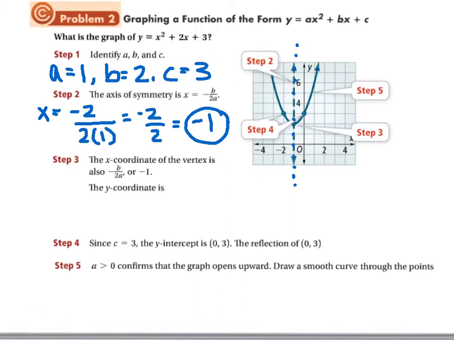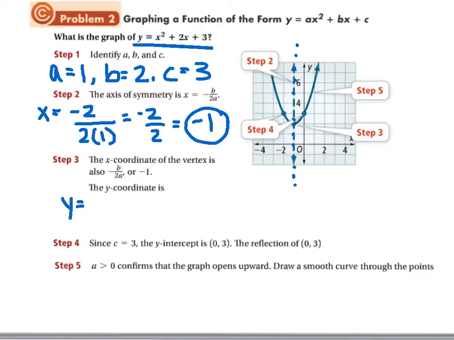Now we already discussed that our axis of symmetry is also the x value in the vertex. So step 3 is telling us the x-coordinate of the vertex is negative 1. Now we need to find the y value. In order to find the y value, we just use this quadratic, y equals x squared plus 2x plus 3, and we fill in the x.